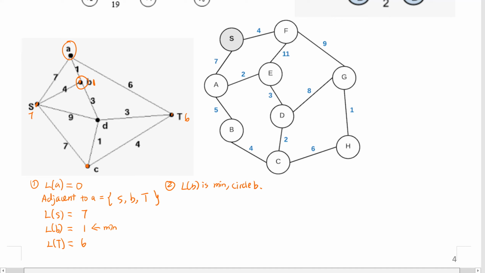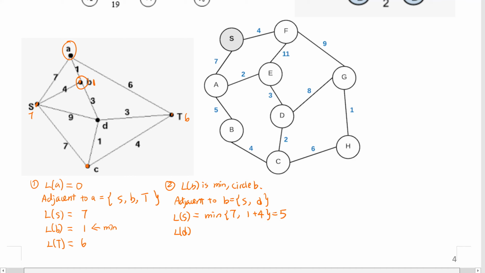Okay, circle B and figure out what are the vertices that are adjacent to B. Adjacent to B and uncircled, it can be S, it could be D, right? And that's it. So LS, LD. Because we already have LS before, now it's going to be the minimum of 7 and the new one, which is 1 plus 4.